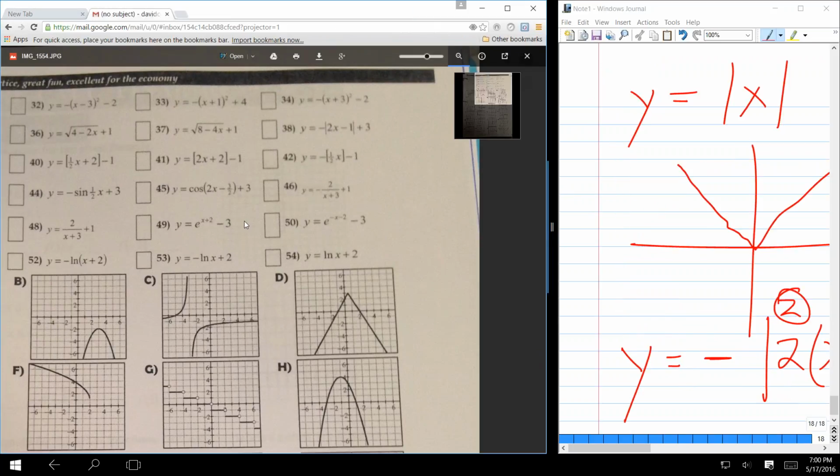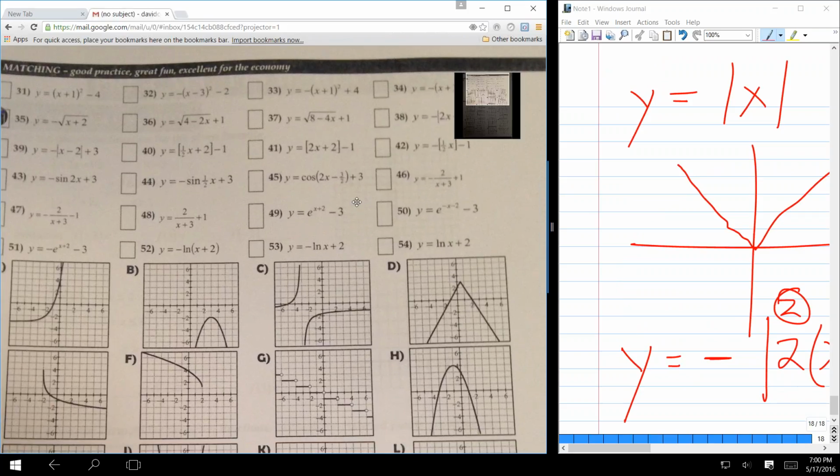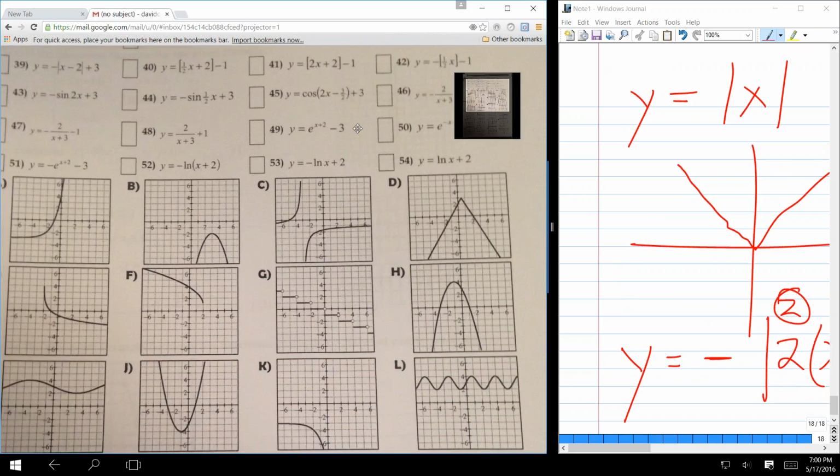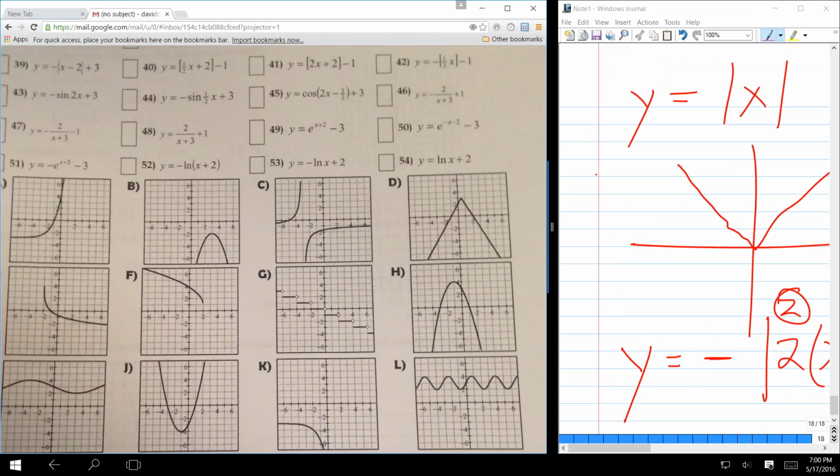All right, let's look at 39. 39 is a bit easier. What's the first thing happening in 39? So it's flipped over the x-axis. Okay, and then next? And then it's moved right 2 and up 3.